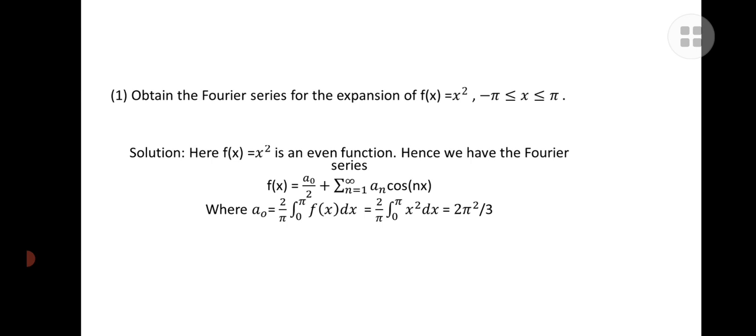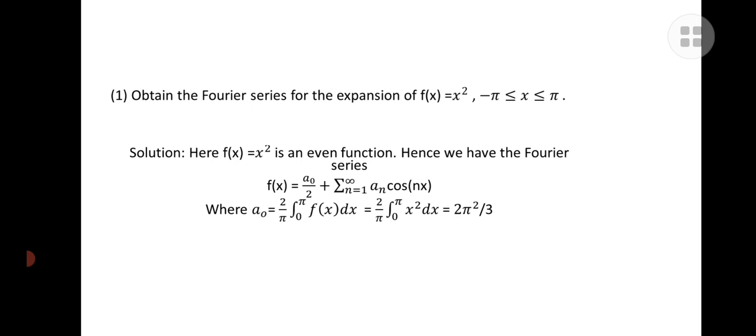two Fourier coefficient terms, those are a0 and an. So we can write the Fourier series as f of x is equal to a0 divided by 2 plus summation n is equal to 1 to infinity an cos nx.